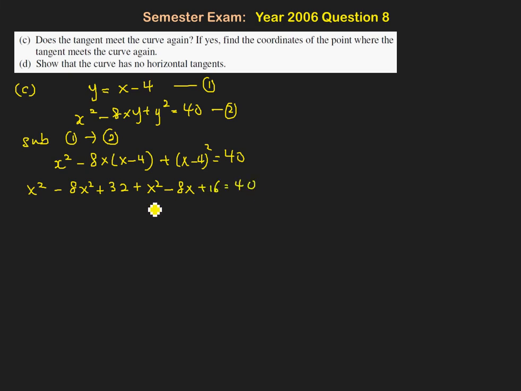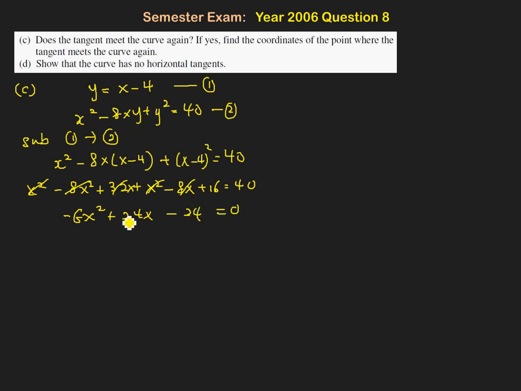Okay, here you have positive x squared, negative 8x squared, and so the outcome of this would be a negative 6x squared, and 32. Oh, I missed something here. It's the 2x. So 32x and 8x, I get plus 24x, and 16 minus 40. This is negative 24.